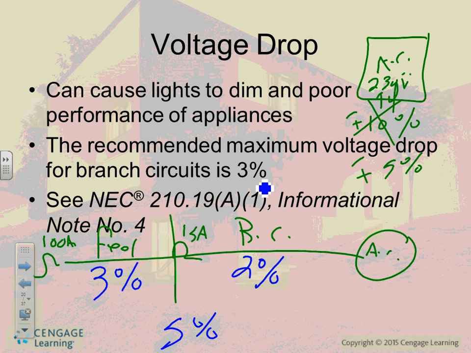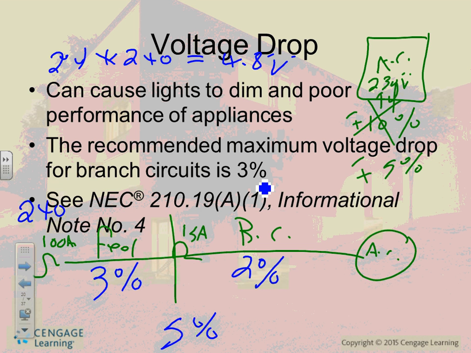Okay? So I need somebody to do me a favor. This system is 240. I would like you guys to tell me what's 2% times 240. 4.8? 4.8 volts. Okay?